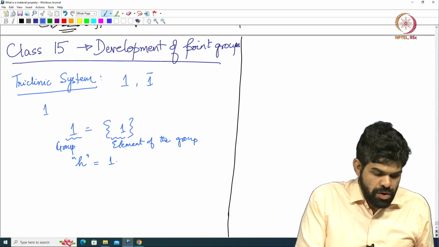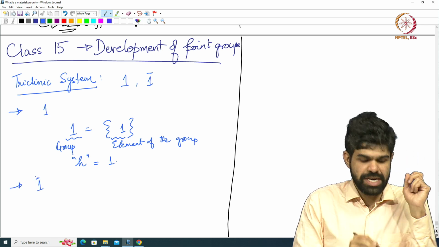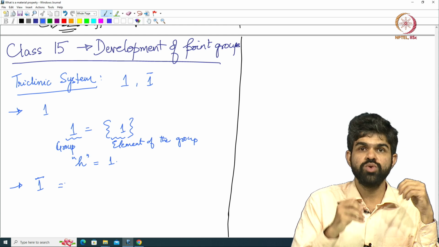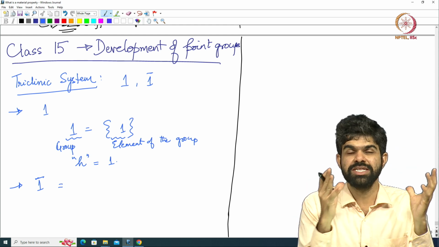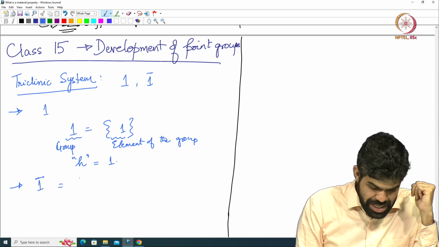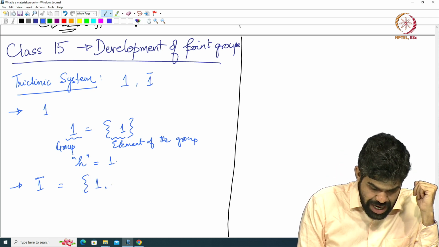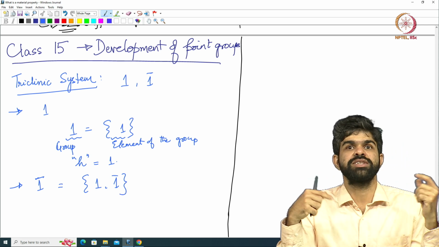Now if you look at 1 bar, if 1 bar were a point group, the set of operations present in this group are 1 and 1 bar. 1 bar is the inversion operation and 1 is the identity operation.